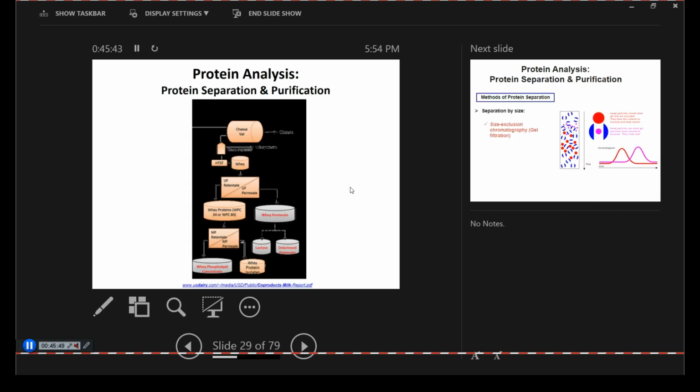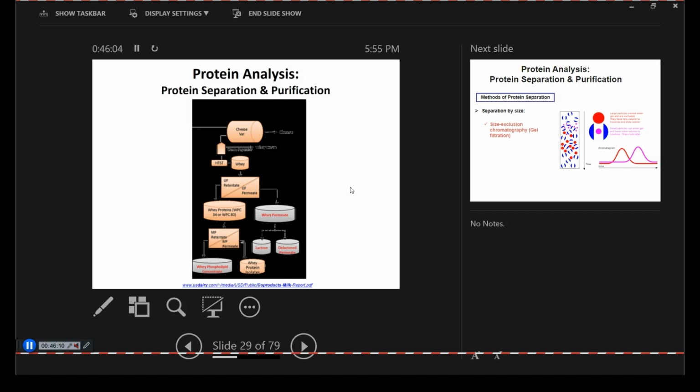Okay, so if we look at membrane separation for whey protein, we get the cheese vat, and then you have your whey as a byproduct of cheese production. The most common production of whey protein concentrate and isolate is membrane filtration.